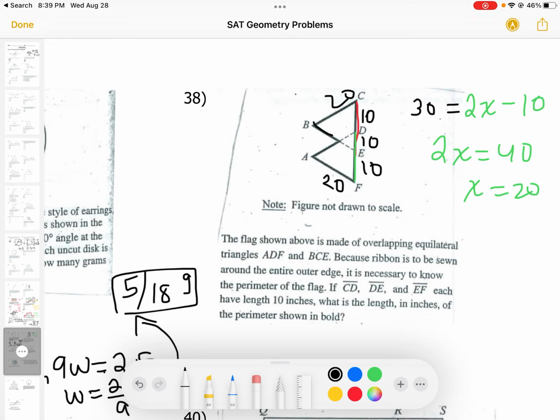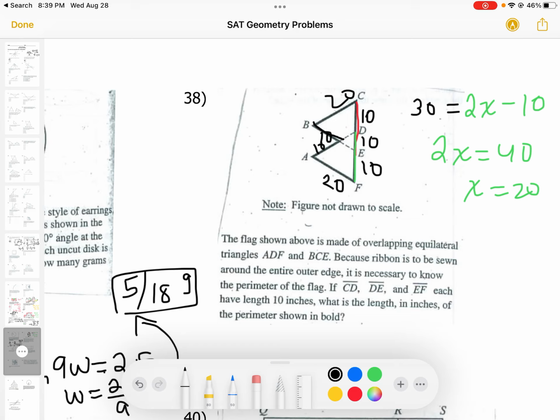But we need to know what these two side lengths are. It's pretty easy to see that this is an equilateral triangle as well. So we know this is 10, and that's going to be 10 as well.